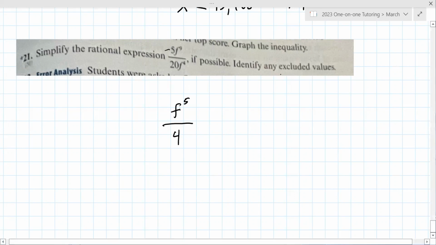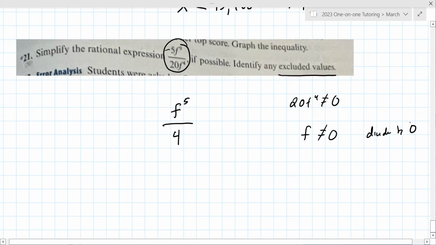Now the excluded values come from the original. You have to go back to the original, and the bottom cannot equal 0. Here's what that means. It means that f itself cannot be 0. The reason is you're not allowed to divide by 0. It's very, very bad in math terms.